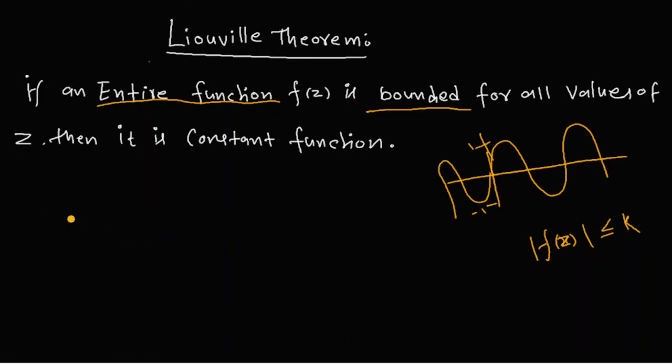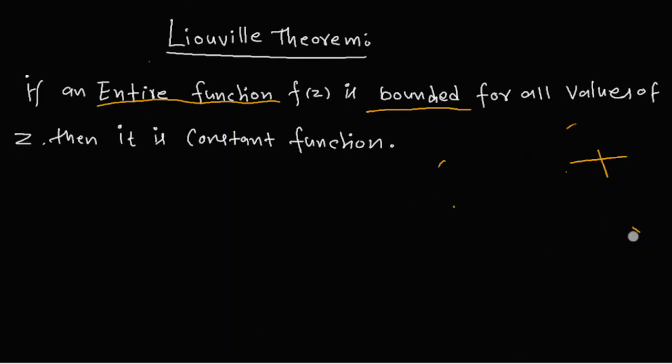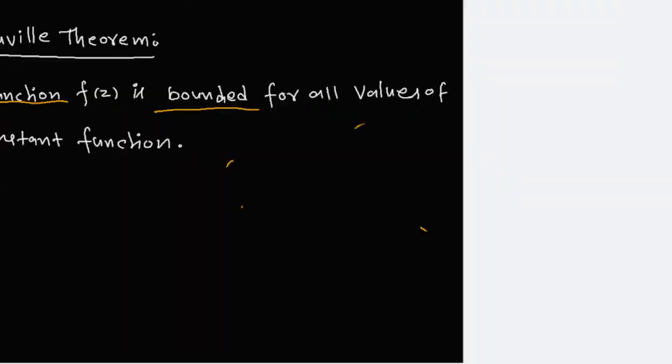Entire function means it is analytic in the whole complex plane. So simply, the Liouville theorem says that if any function is entire and bounded, then it is constant. Now you can see the proof of this Liouville theorem, which is very easy.